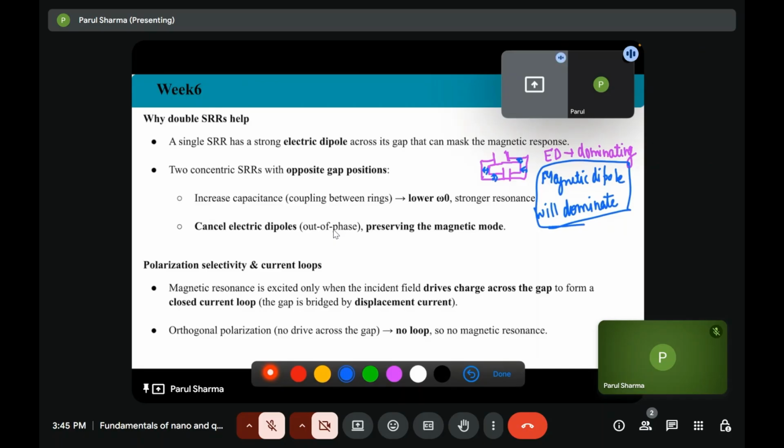A single SRR has a strong electric dipole across its gap, and if we have an electric dipole, there will be an induced magnetic response, but the effect is very weak. Then we consider two concentric split ring resonators with opposite gap positions. We can choose different shapes, this shape, or the rainbows.